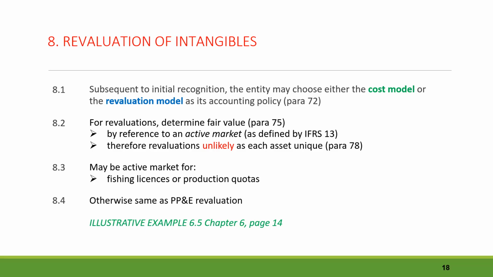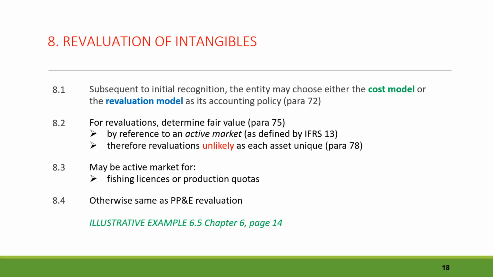So if there's no active market, then how will we measure this fair value? And if we can't do that, then how would we account for it under the revaluation model? So it's not the model that is selected by companies because it makes no sense where there's no active market to select the revaluation model as the measurement for intangible assets.